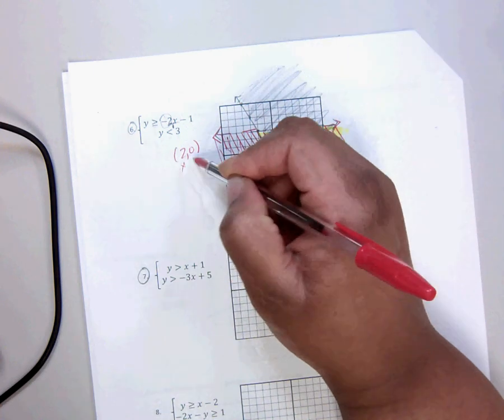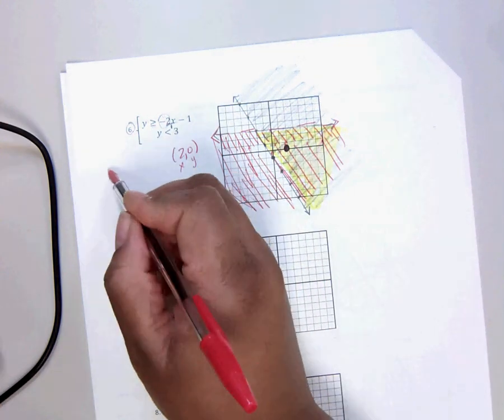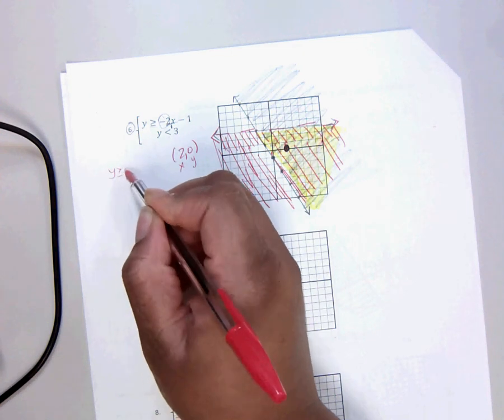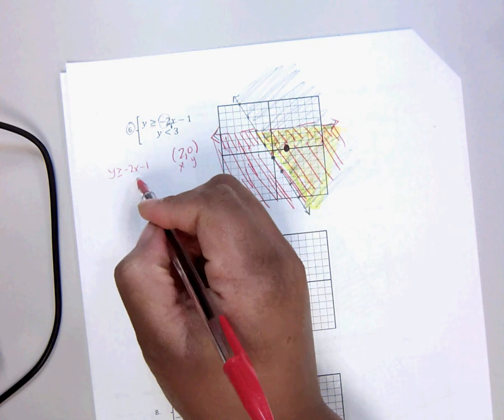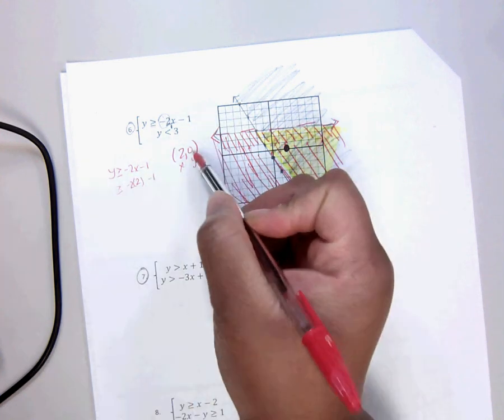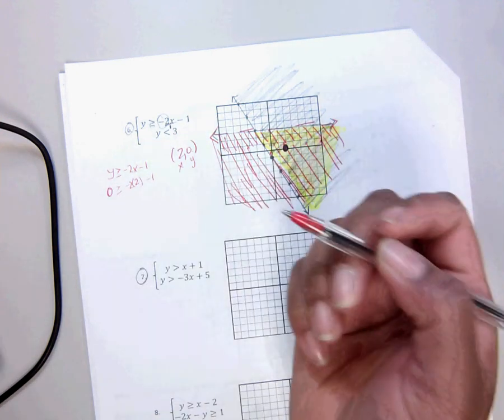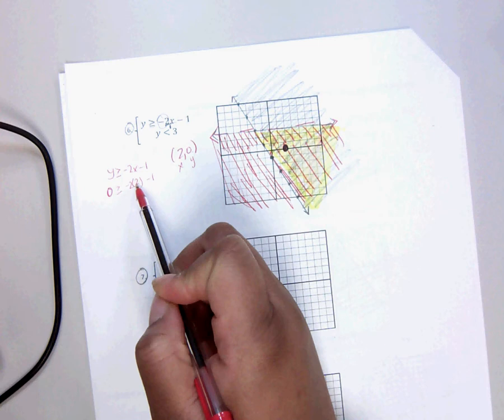Let's take the values and plug them in here. So, if y is greater than or equal to -2x minus 1, plug in 2, plug in 0. Let's figure this out. -2 times 2 is -4.